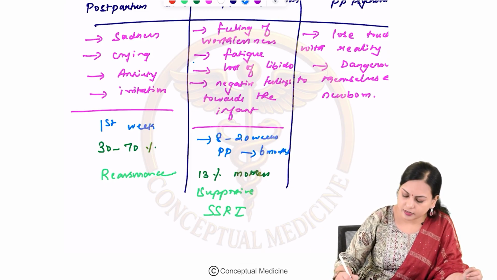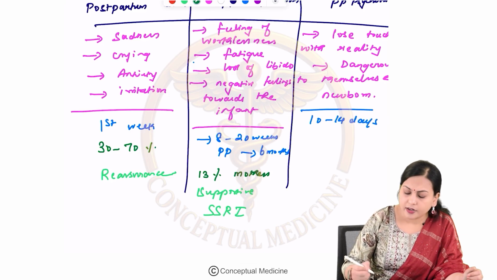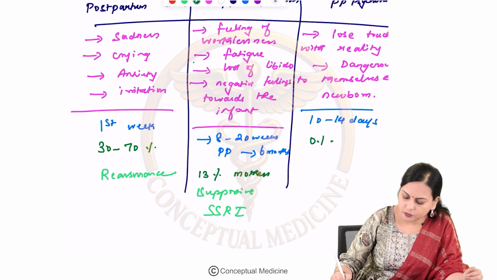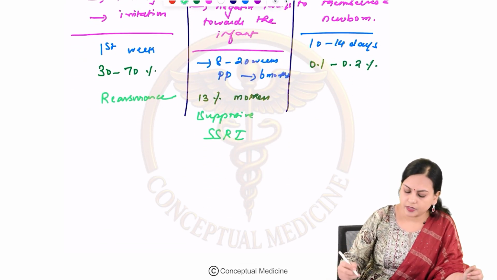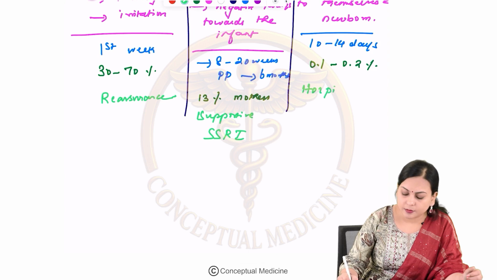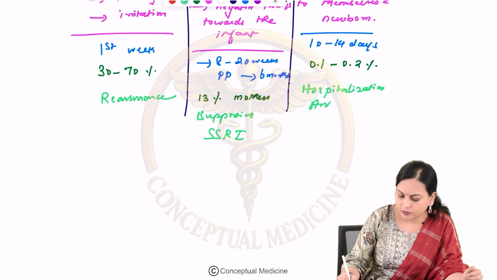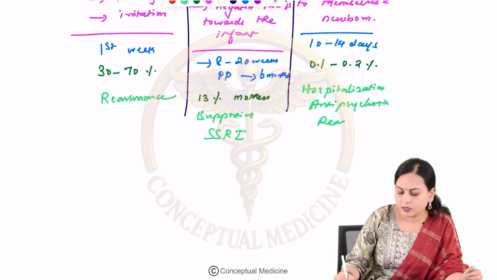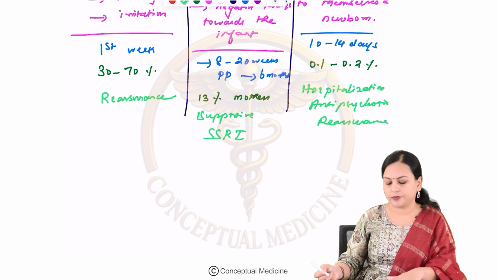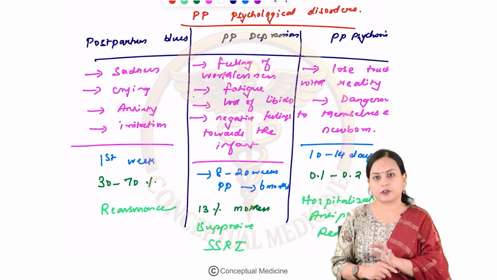This can occur anywhere between 10 to 14 days of parturition, and it is seen in 0.1 to 0.2% of the mothers, and you have to treat them by hospitalizing the mother. Hospitalization is needed. You have to give them antipsychotics, and reassurance may be needed. Clear? So, this is the difference between the postpartum psychological disorders.